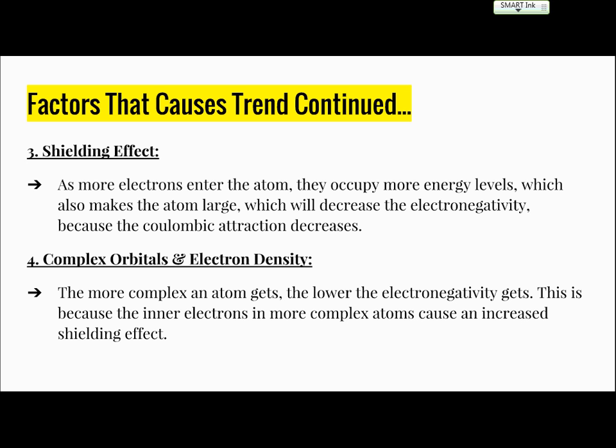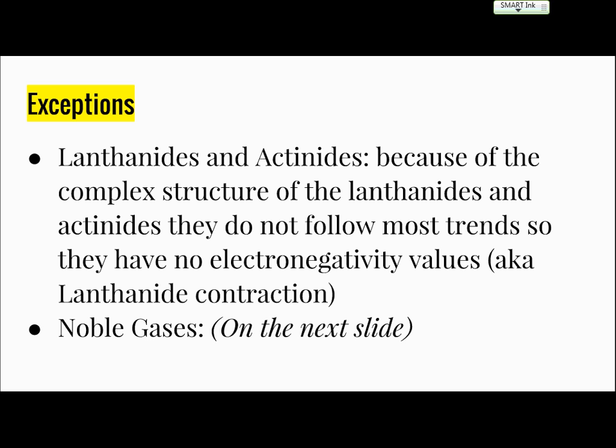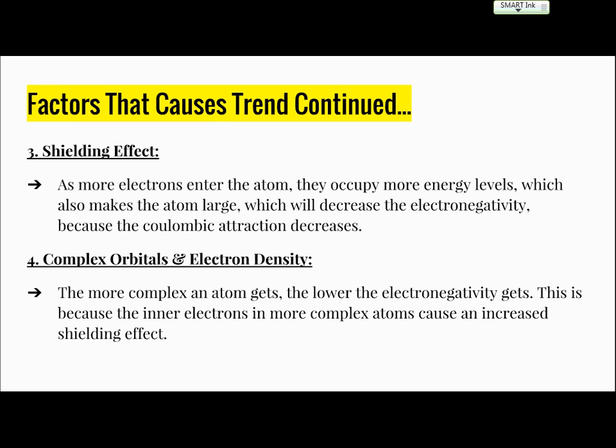To go off what was said about the F block, F orbitals are very complex, and that makes it harder to be electronegative.